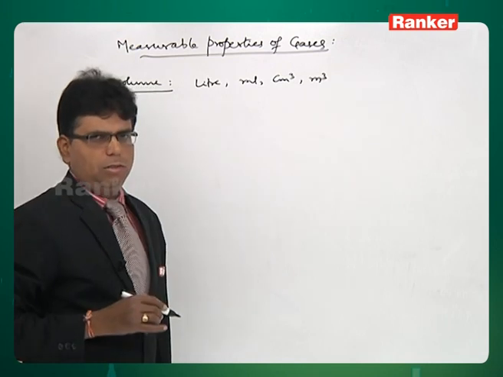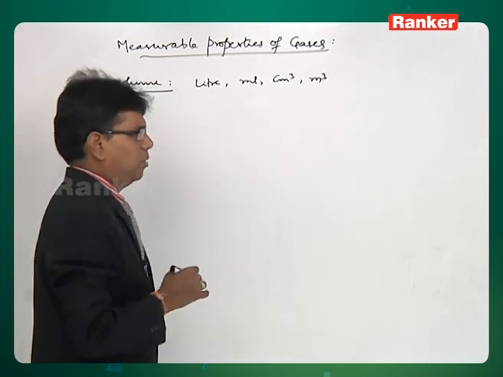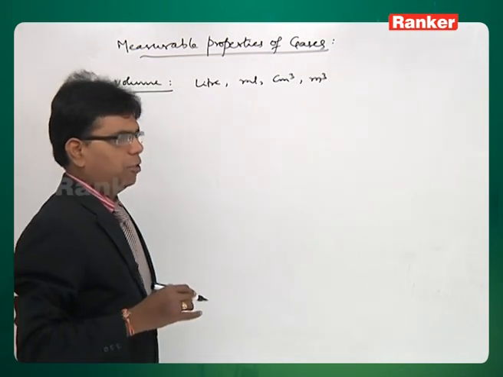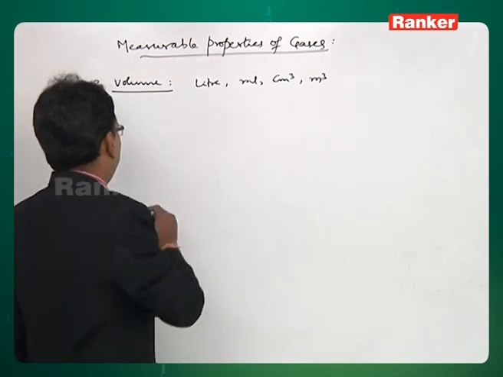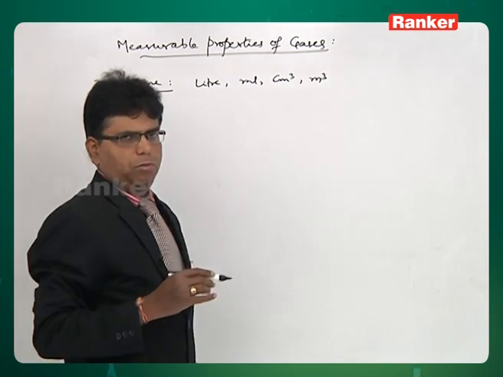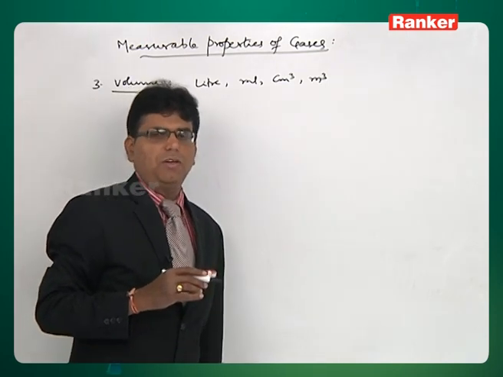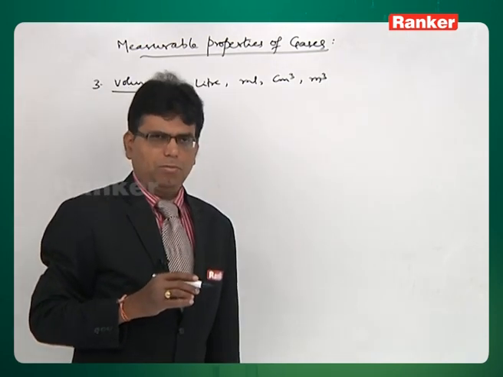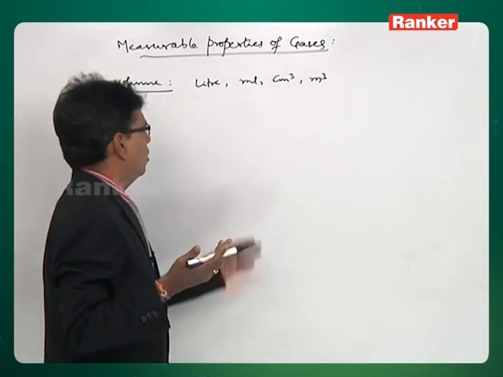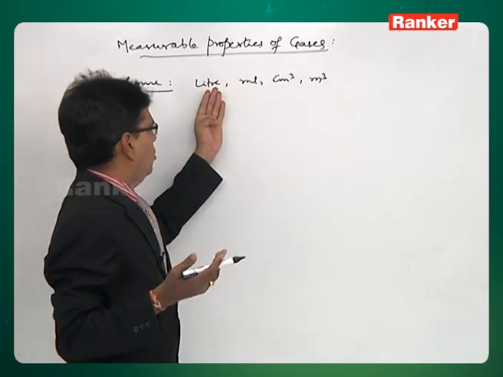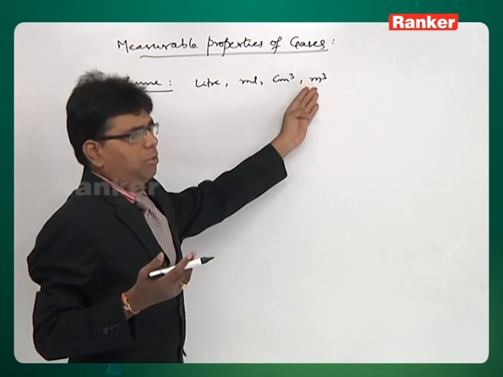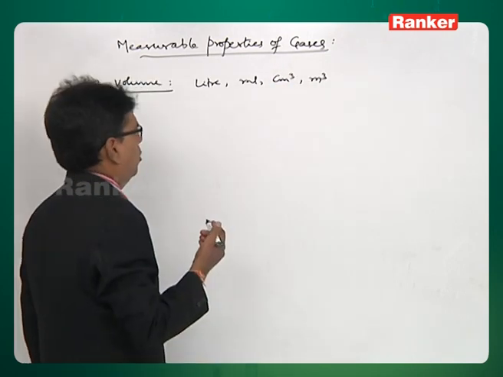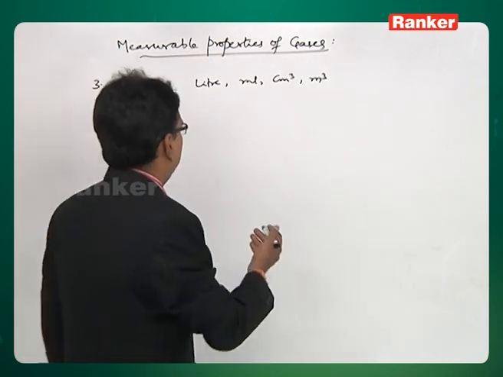Volume is nothing but, suppose you take a cube, for a cubic vessel the volume is the cube of the edge length. Edge length has length units, centimeter or meter. So the cube of it is cubic centimeter or cubic meter.